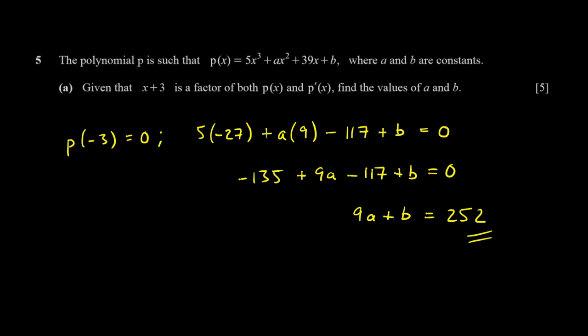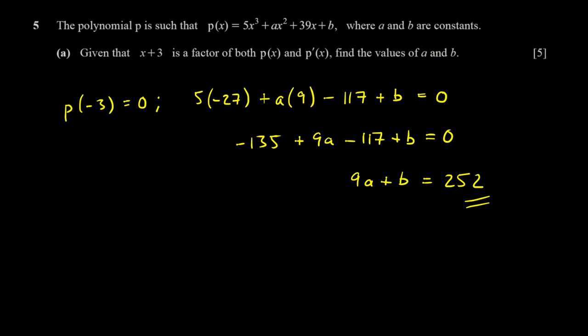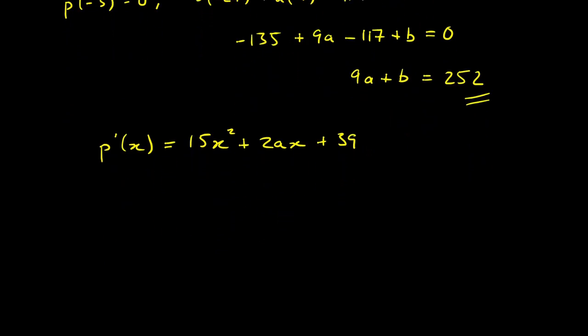Now, the next one we can do is we're going to differentiate our function. Oh, sorry about that. So if I do p prime of x, then what I'm going to get there is 15x squared plus 2ax plus 39. And again, we're told that negative 3 is a root of this.